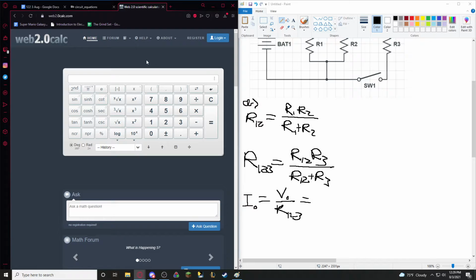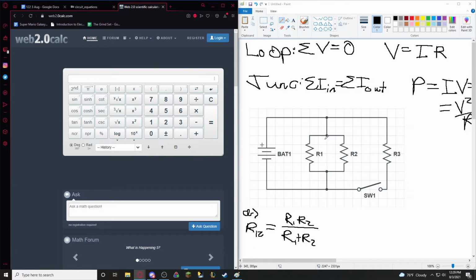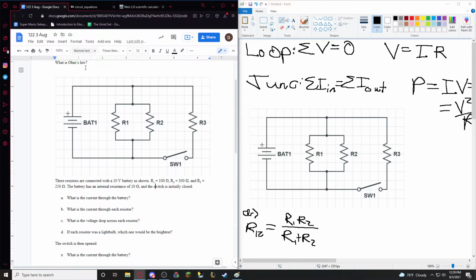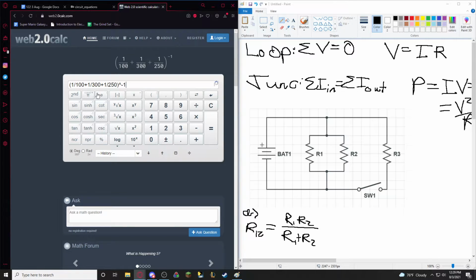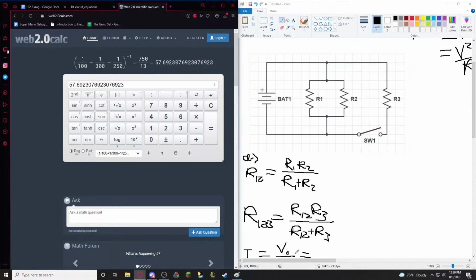I'm going to use the 1 over rule because I think it's easier for doing 3 resistors at once, since all 3 of these resistors are parallel to one another. So it's 1 over 100 plus 1 over 300 plus 1 over 250, all to the power of negative 1. That is our total net resistance.